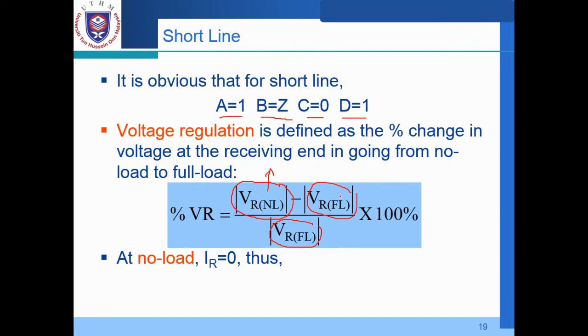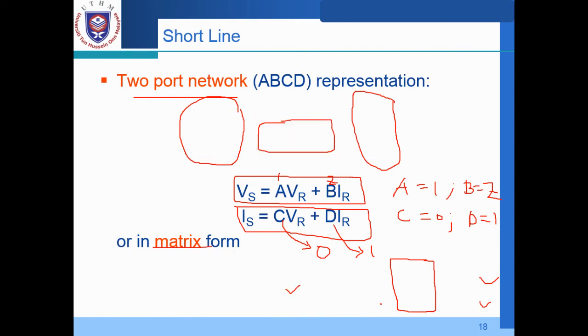When we connect a full load, the receiving voltage may drop, of course due to some losses. And at no load, IR equals 0. Thus VR equals VS over A, and this is derived from the first equation.